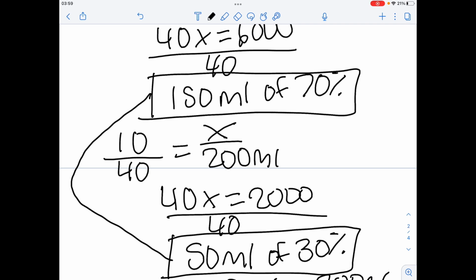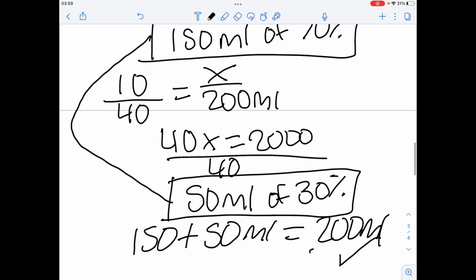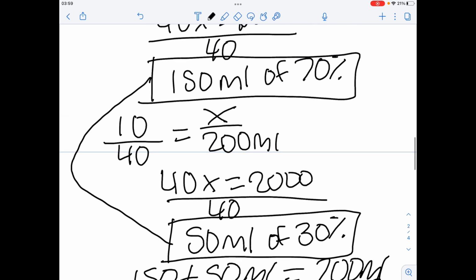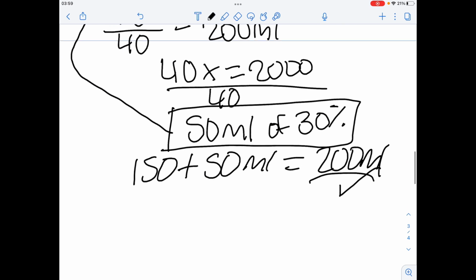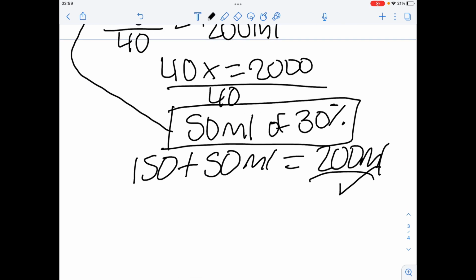You could just take 200 milliliters, the total, and subtract 150, and then you would get that 50 milliliters of 30%. So the two amounts that you're trying to mix should always equal your end result.